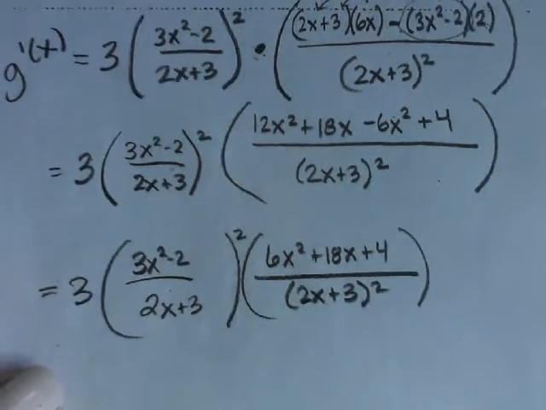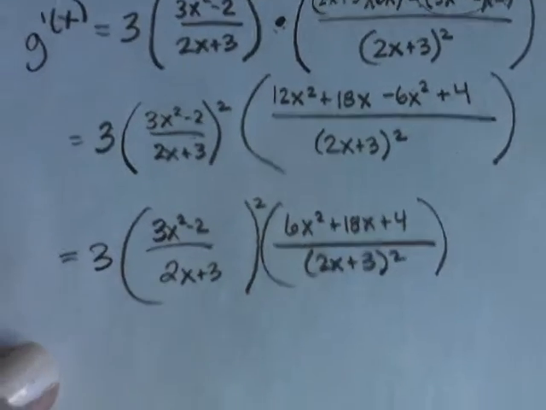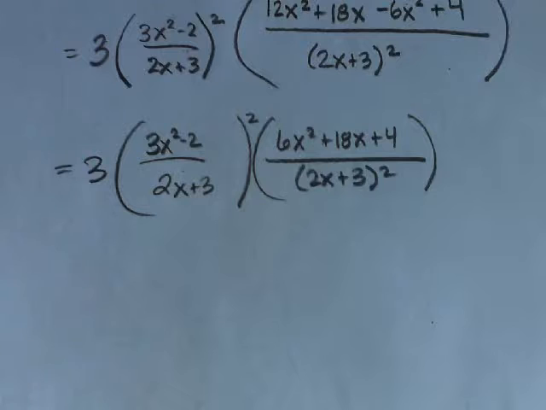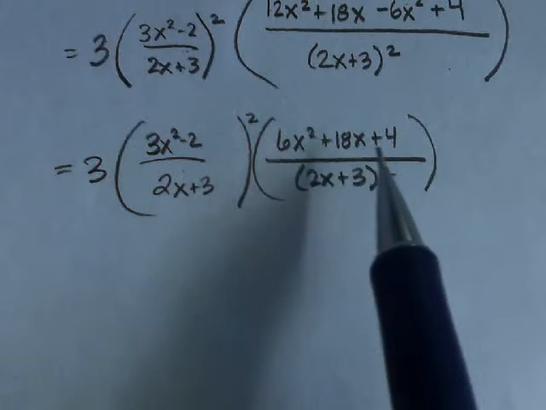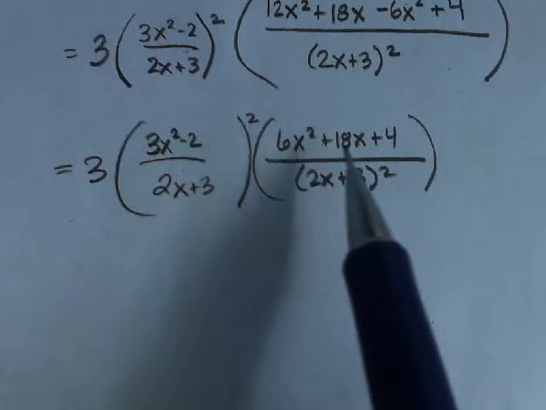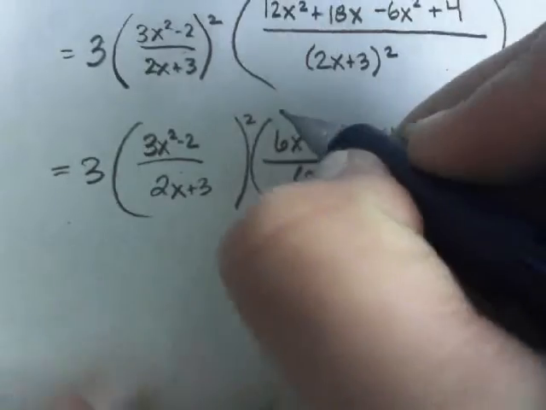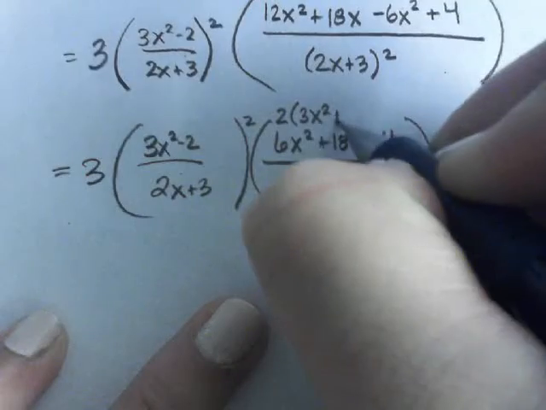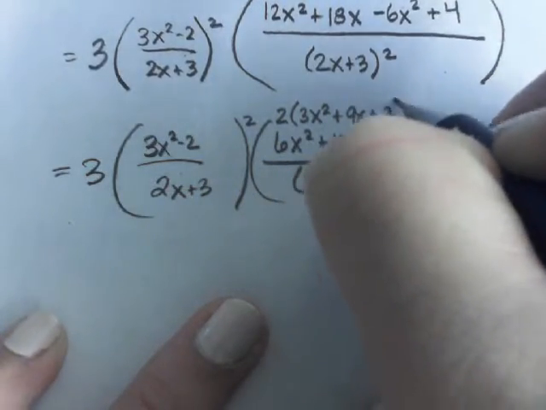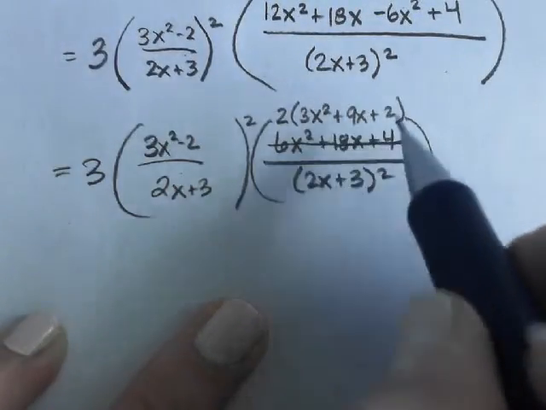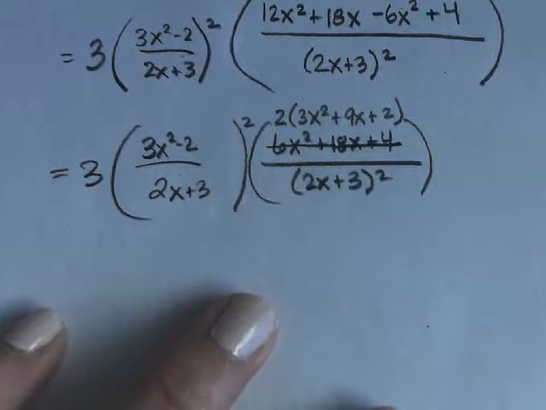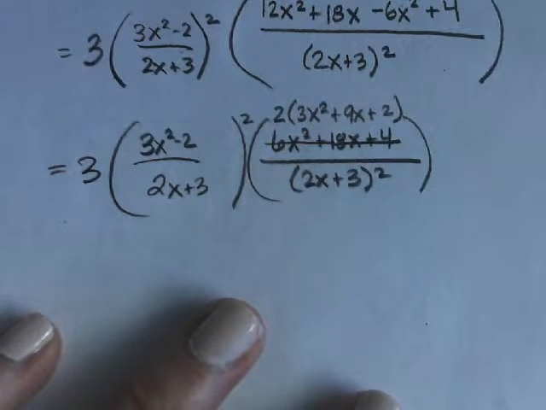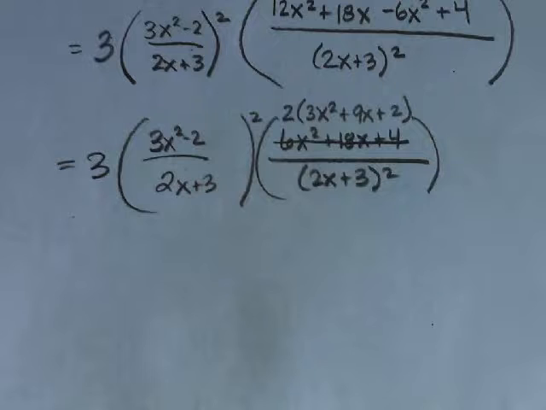And then I think I might try to factor this. I can definitely pull out a 2. And then is that factorable? Is 3x squared plus 9x plus 2 factorable? No.